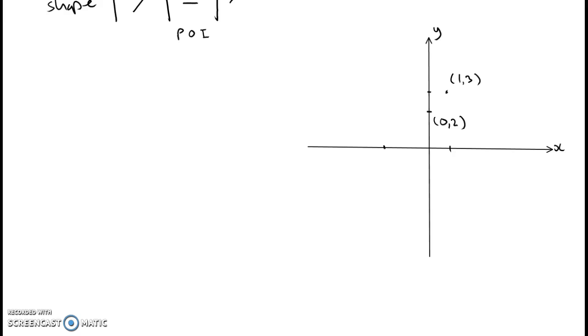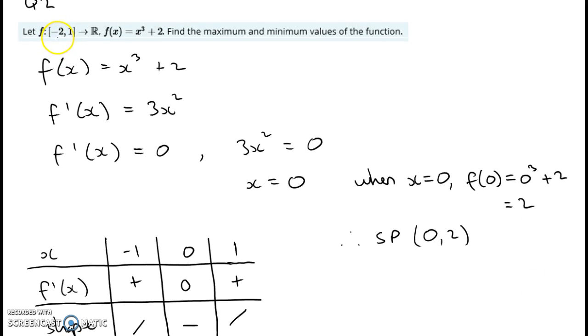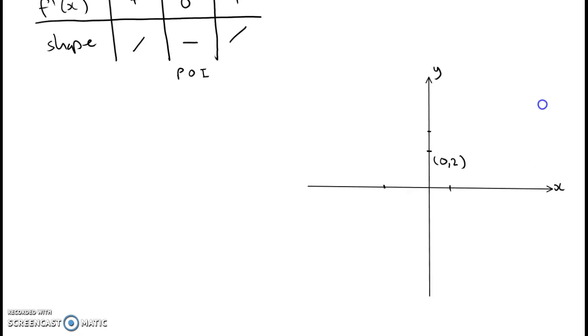Alrighty, you can see here I've just gone ahead and sketched a Cartesian plane, and I've marked our turning point here, our stationary point at 0, 2, which we just found. If we go back to the question, we're given the restriction on the domain, so x equals minus 2 through to x equals 1. So let's go ahead and find the endpoints of this graph using those x values.